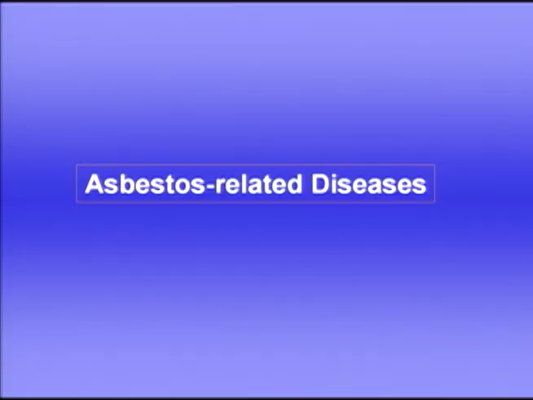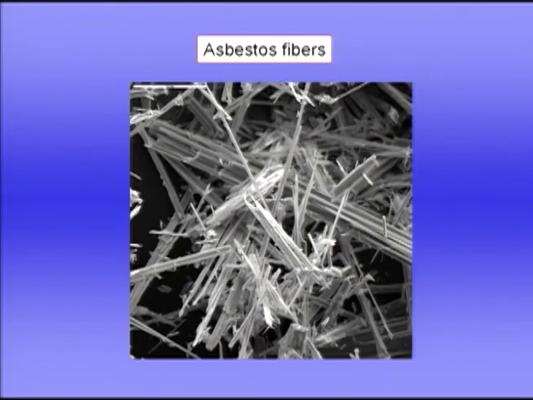Now let's turn to asbestos-related diseases, and these have been in the news recently, and actually for a number of years. Up until, I don't know, 50 years ago, people used asbestos extensively, but recently it's been realized that it's a highly dangerous substance. Here's a beautiful scanning electron micrograph, isn't it, of asbestos fibers.